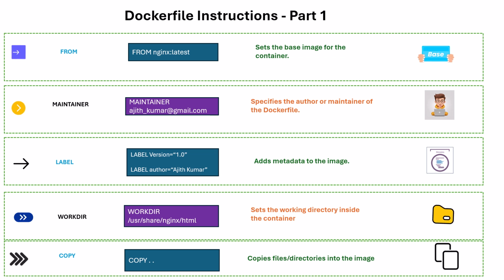The first dot represents the path on the host system, which is the current directory where you have opened your command prompt or Git Bash shell, and the other dot represents the container path, that is the container working directory, which is this path: /usr/share/nginx/html. The COPY command will copy whatever files you want from your local machine to the container. All these files will be copied to this particular path, which is the working directory path.